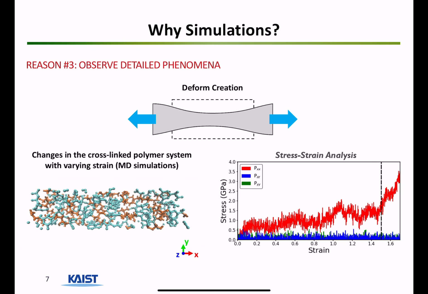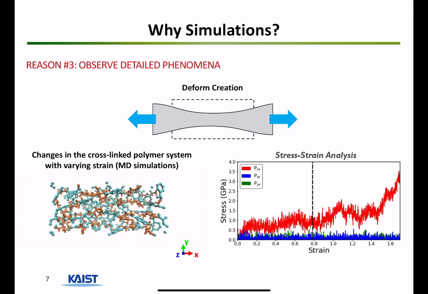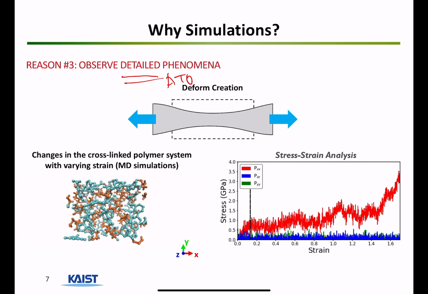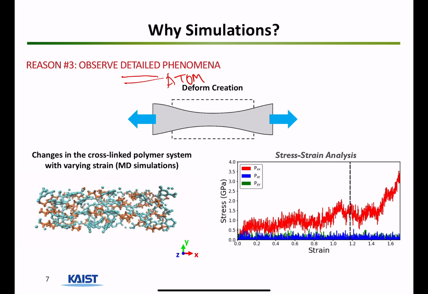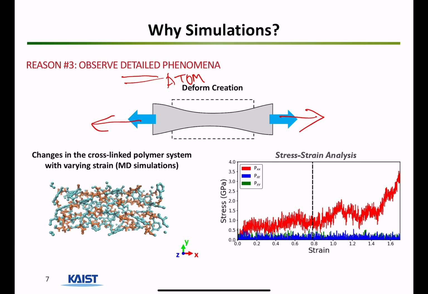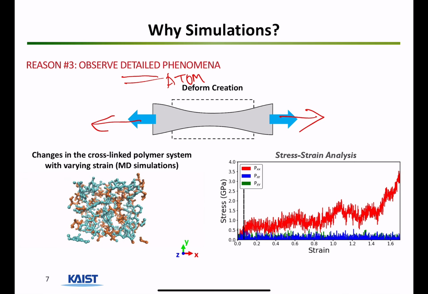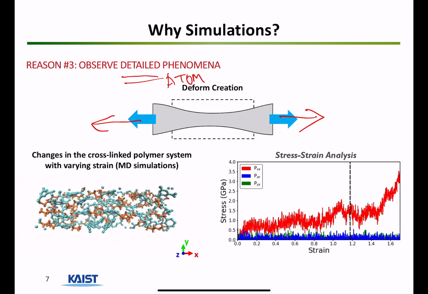Reason number three, which might pertain to CBE, is that we want to observe detailed phenomena, detailed meaning on the atomic scale. For example, let's say there's a polymer and I stretch it by applying some mechanical pressure. This pressure causes the polymer to deform. So what happens when it deforms?